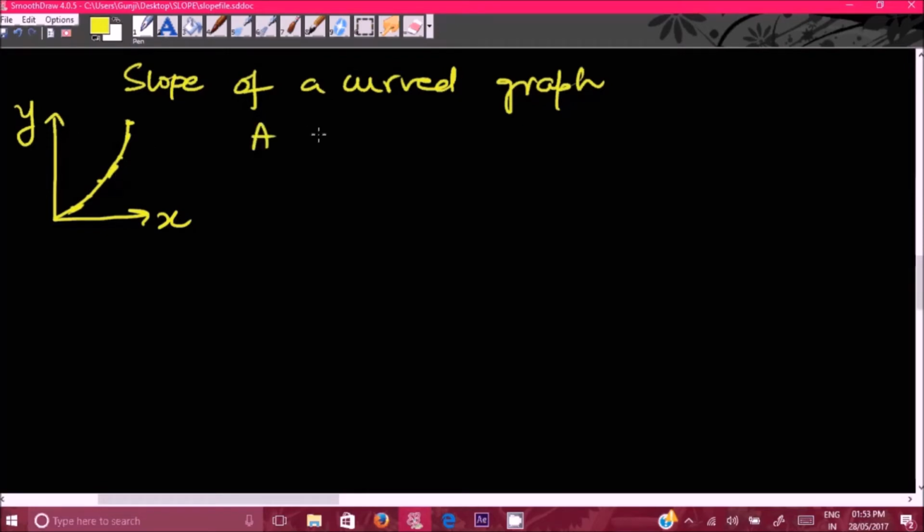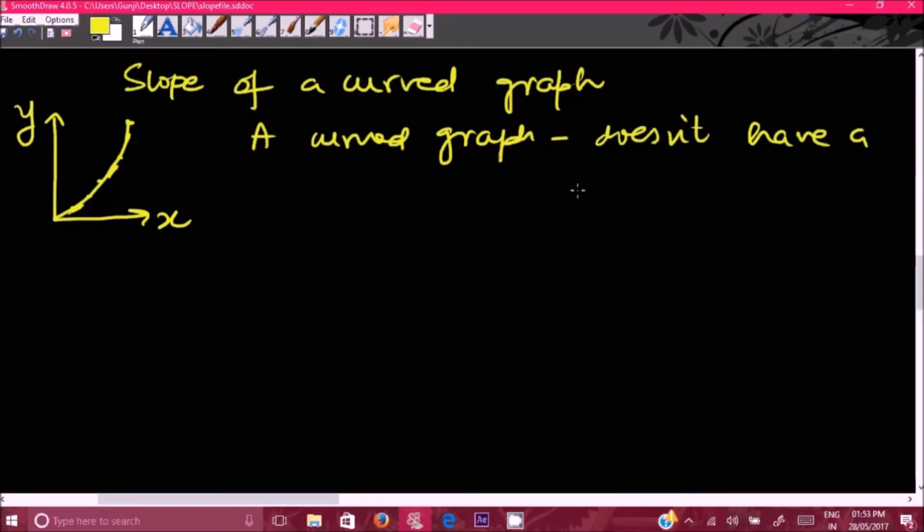Therefore, a curved graph does not have a constant slope. Its slope keeps on changing at all the points in the curve.